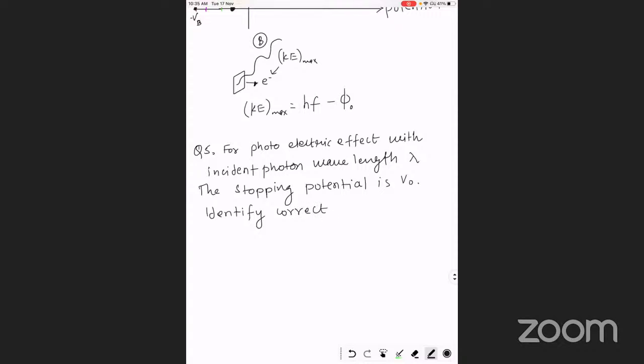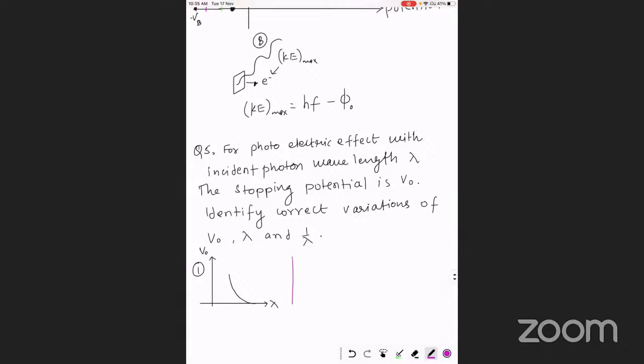This is also more than one correct. Very important graph. टच कर दिया ग्राफ ने एक्स एक्सिस को.